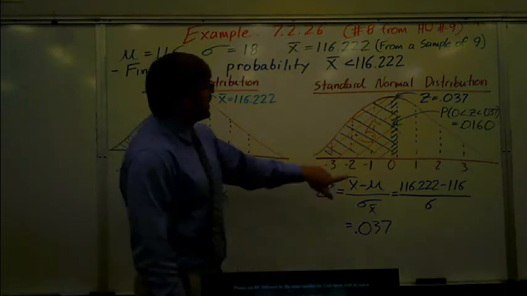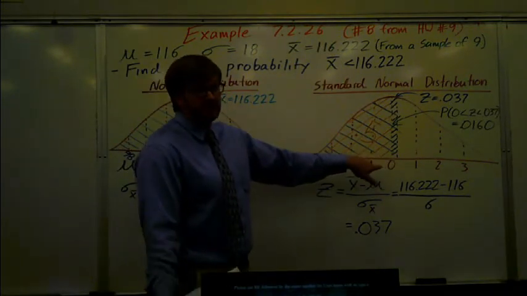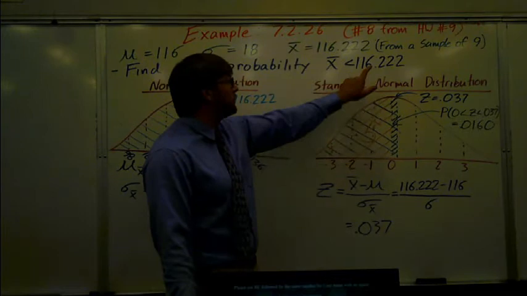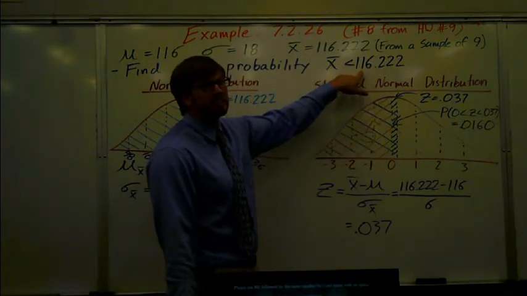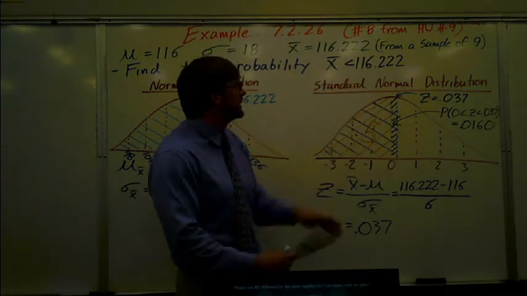So now, I just need to add those two areas, and that's going to be the total area or the probability of getting an x bar value of less than 116.222.